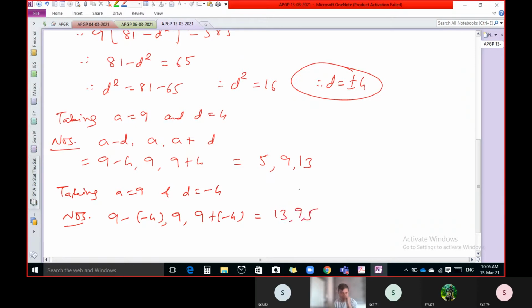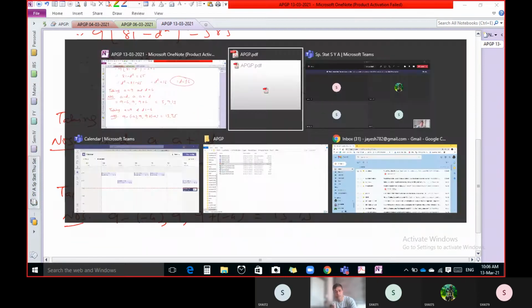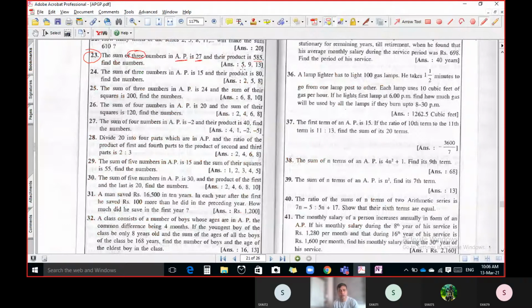So there are two answers. Either you can write 5, 9, 13 or 13, 9, 5. It's the same. So these are the three numbers, 5, 9, 13. If we add these three numbers, we get 27. If we multiply, we get 585, and these three numbers are in arithmetic progression.